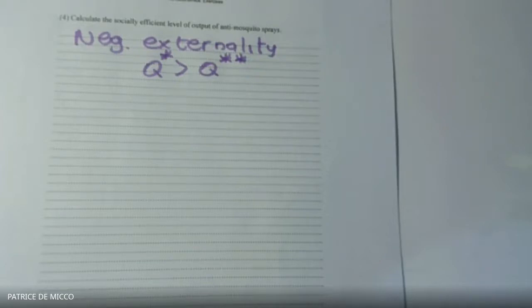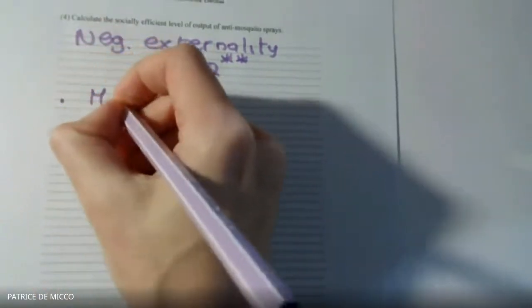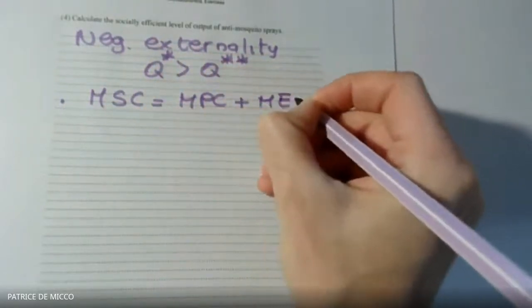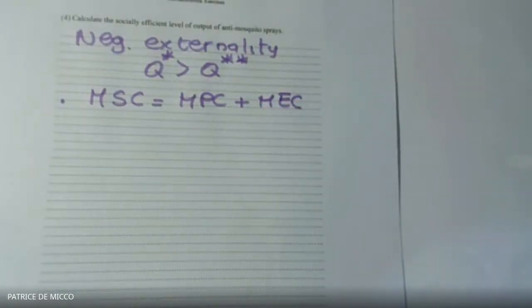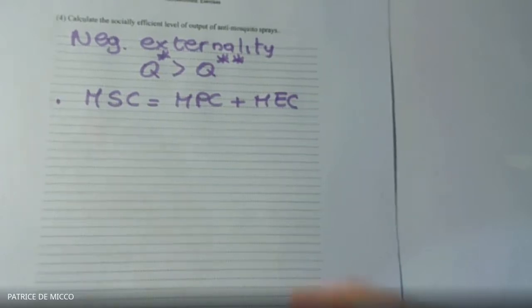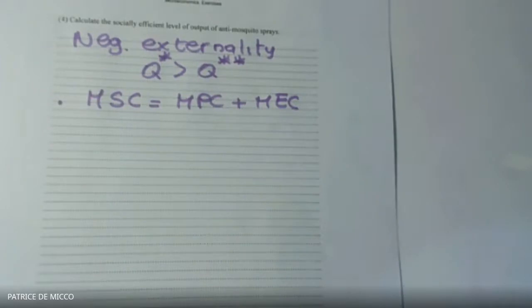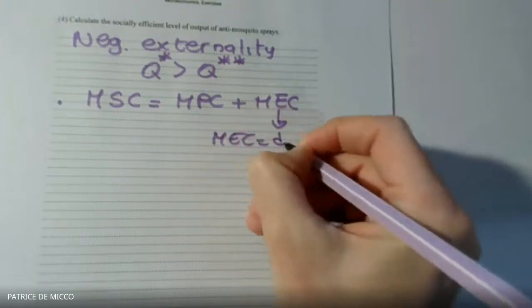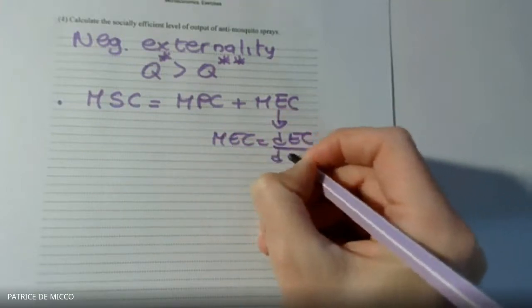How do we compute the socially efficient level of output? We set up the equation: marginal social cost is equal to marginal private cost plus marginal external cost. Okay? So Q is the quantity that makes this equation be satisfied, because the socially efficient level of output allows marginal social cost to be equal to marginal private cost plus the external cost, because I take the external cost into consideration. I don't have this, but I can compute it, because this is the derivative of external cost with respect to QI.